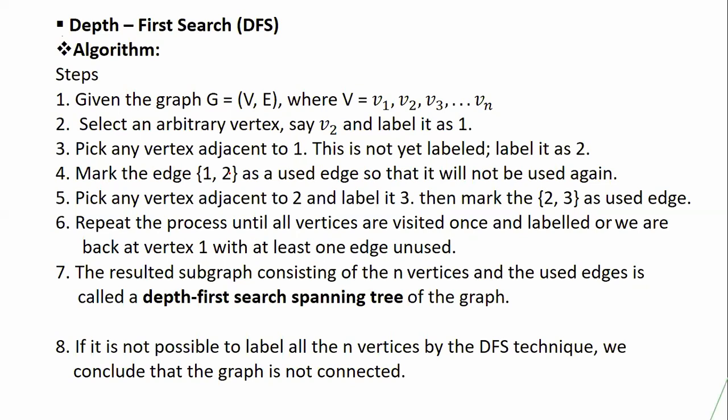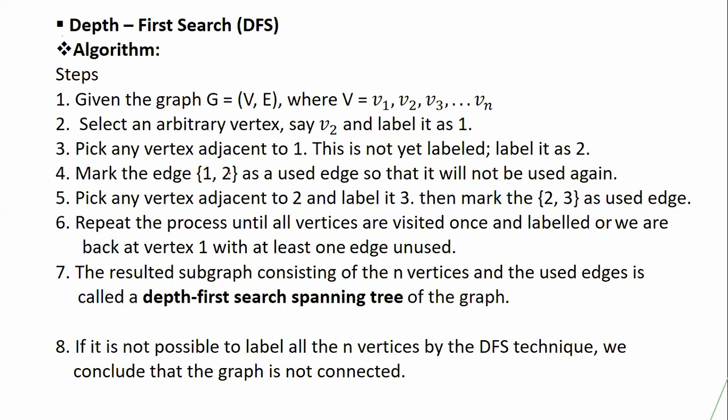So at 3, you also look at adjacent vertices, pick any one of them, go there and mark it. The process continues until all the vertices have been visited. That's what the DFS algorithm is. The resulting graph consisting of the vertices and the used edges is called a depth first search spanning tree of the graph.